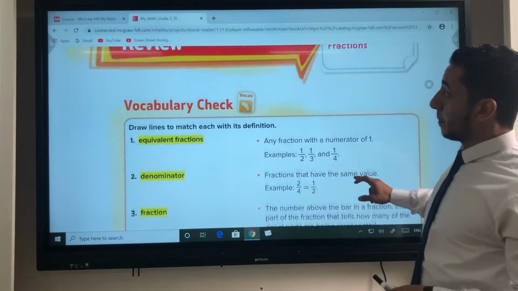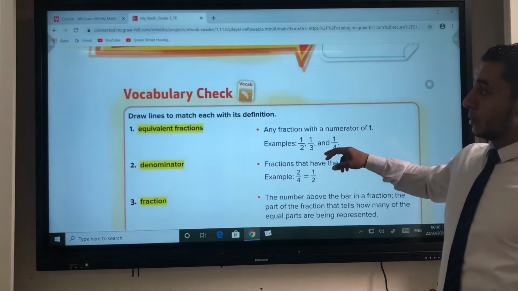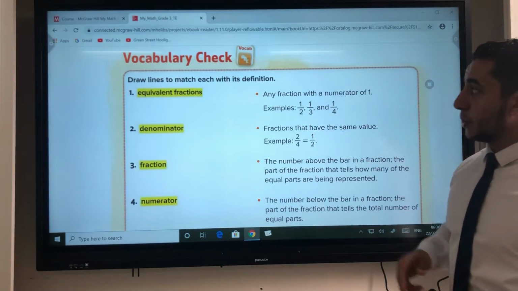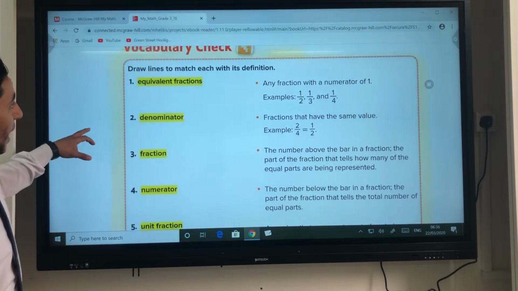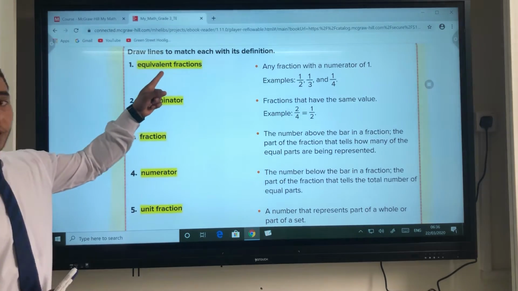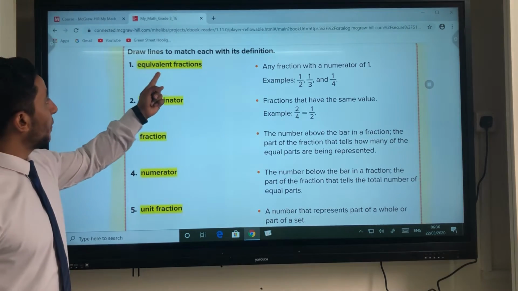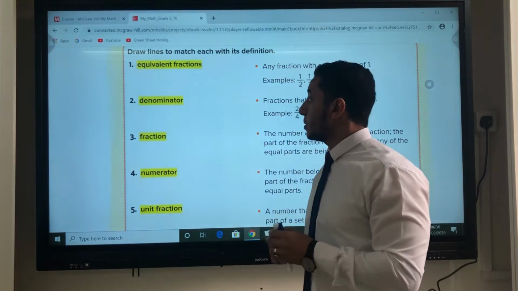So this is chapter 10 review, and first of all I will start with vocabulary check. We have 5 definitions, as you can see here. First is equivalent fractions.